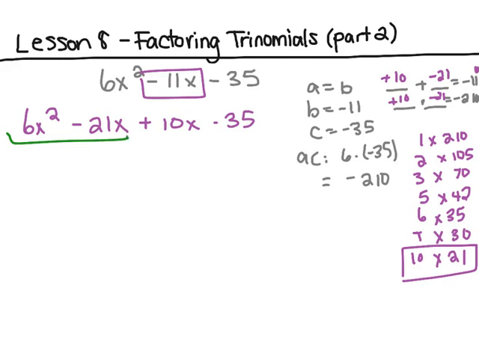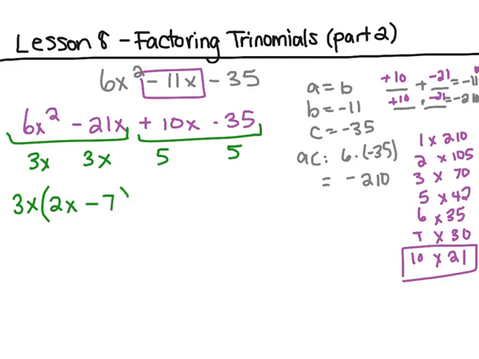Next step is to break it into two groups. Then we're going to divide in each group. So the common factor in the first group is 3x, and the common factor in the second group is 5. So if you divide out a 3x inside the brackets, you'll be left with 2x minus 7.